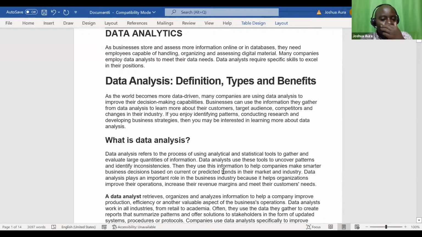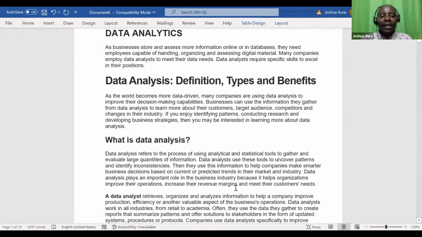Then they use this information to help companies make smarter business decisions based on current or predicted trends in their market and industry. Data analysis plays an important role in the business industry because it helps organizations improve their operations, increase their revenue margins, and meet their customer needs.